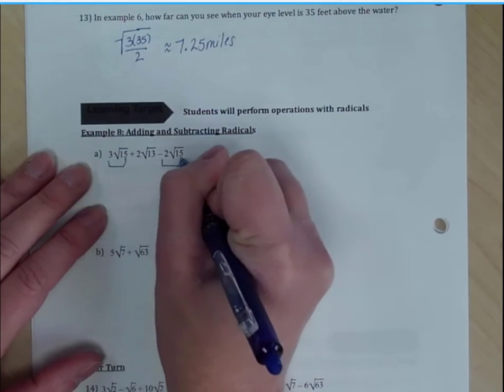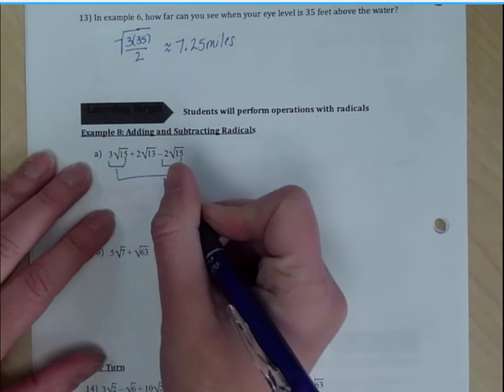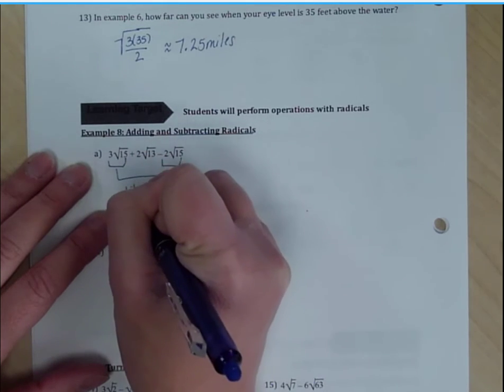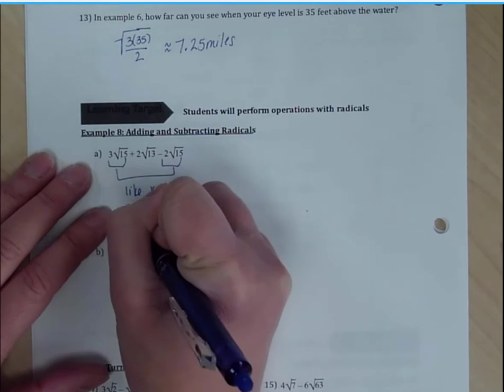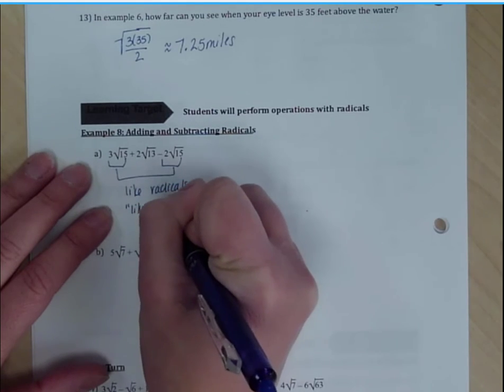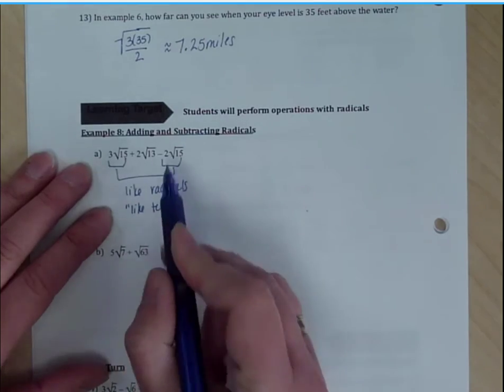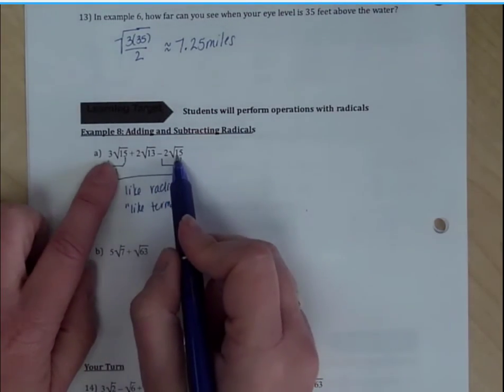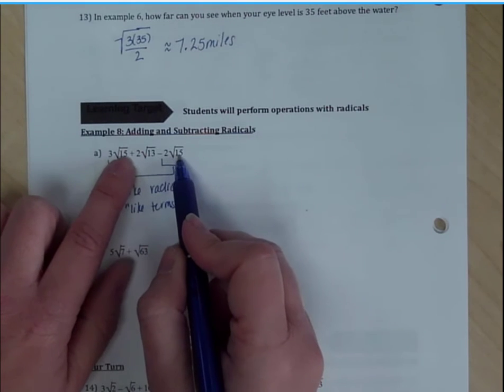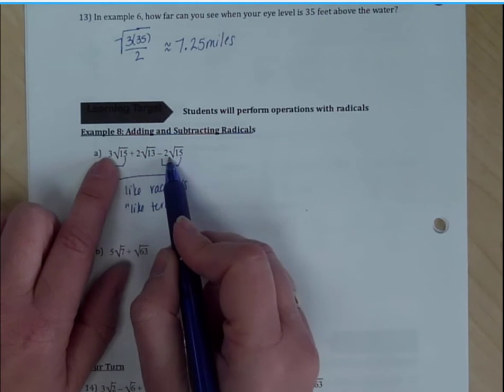So here and here are what we have as like radicals. Think of them as like terms. Both have a radicand of 15. So now I can go ahead and subtract them. Think about these as the variables and these as the coefficients.